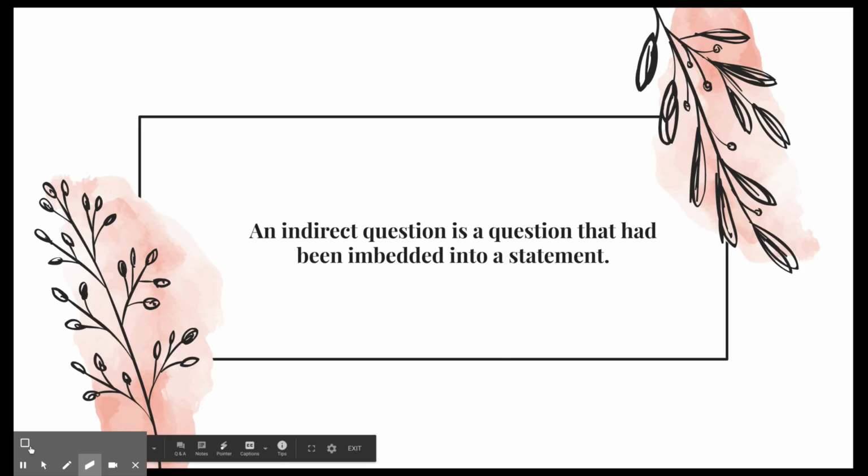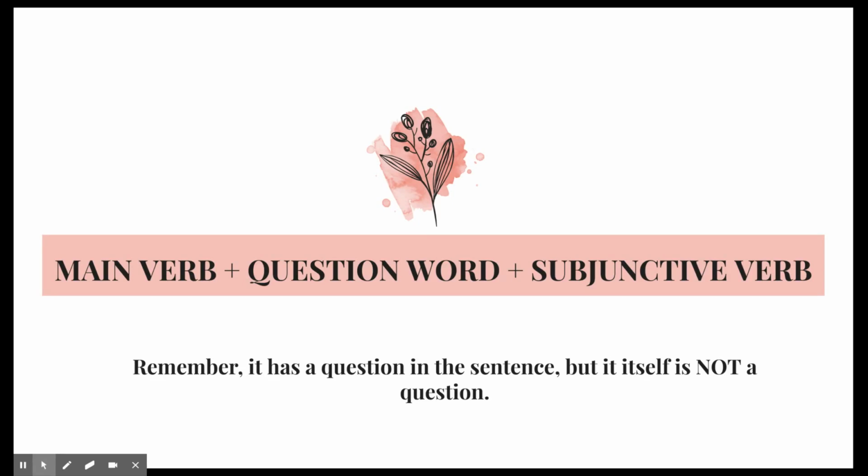So let's keep going. As I stated before, an indirect question is a question that has been embedded into a statement. It is not actually a question, but there's a question in the statement. Now in Latin, indirect questions have a format that they follow. You will always have a main verb, a question word, and a verb in the subjunctive.